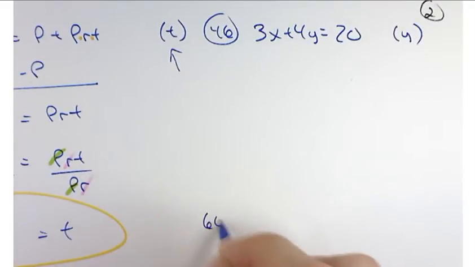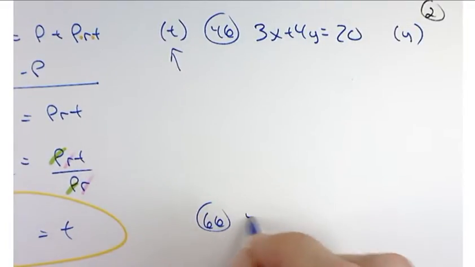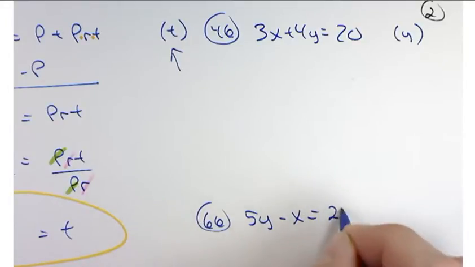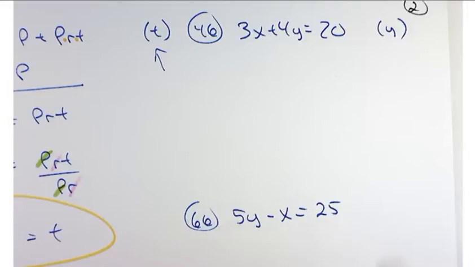Pretty similar: 5y minus x equals 25. Now I'll give you a heads up. In both of these problems, you'll end up with fractions as part of your answer. That's okay. There's nothing wrong with a fraction as part of your answer. In 66, you're going to solve for y again.